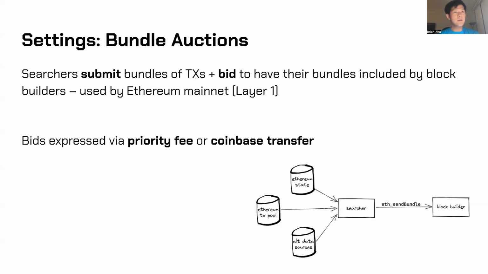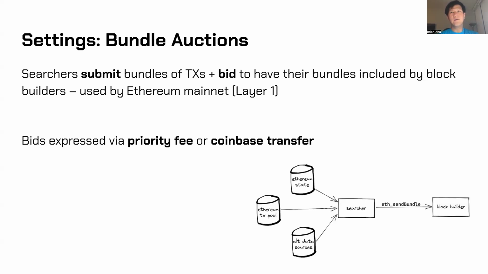Now, these bids can be expressed typically via the built-in priority fee mechanism, or through a Coinbase transfer. And this difference is important because if you're using the priority fee and your transaction reverts, then you will be charged some part of your base fee and the priority fee that you bid.